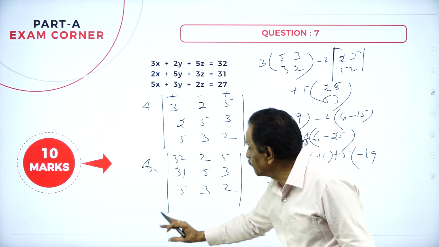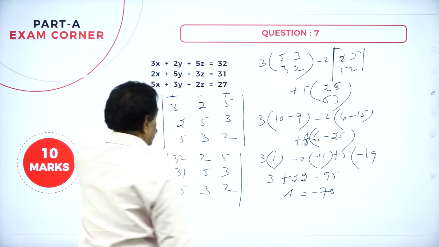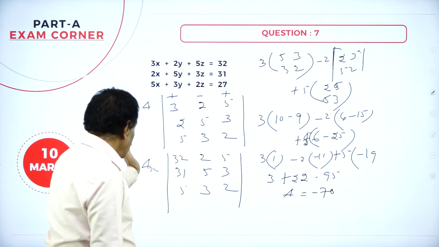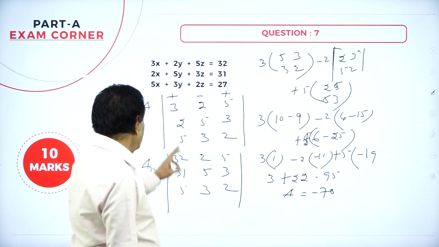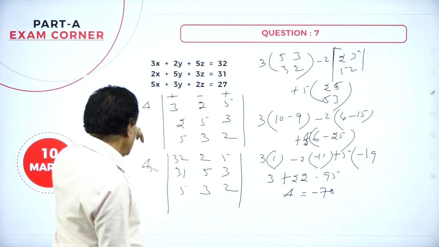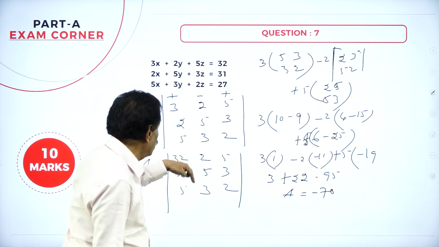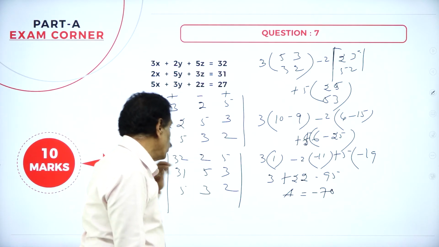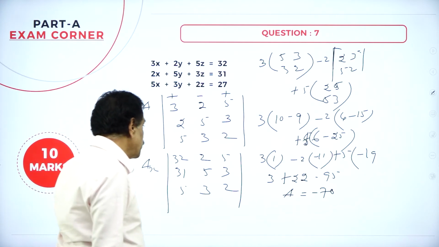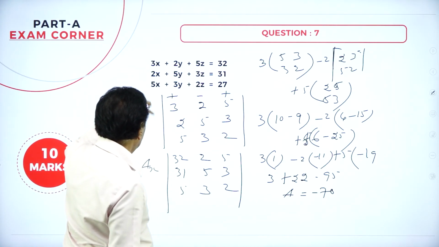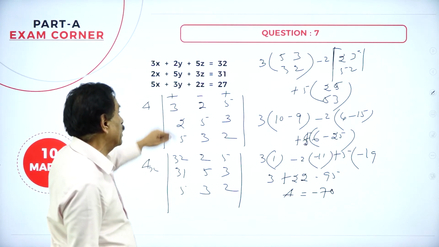Not necessary, but I'll give an example. So here first you have solved like this. Then when you go to delta y, it will come 3, 2, 5, then 32, 31, 27, then 5, 3, 2. If you go to delta z, then 3, 2, 5, 2, 5, 3, and the last one 32, 31, 27.